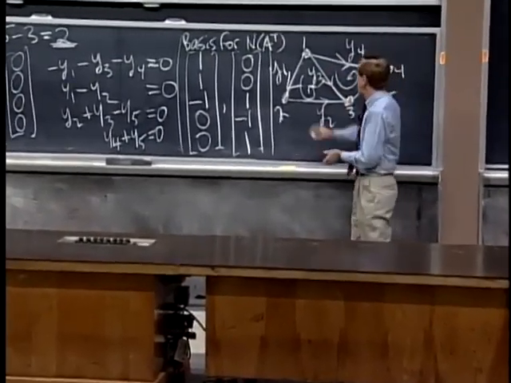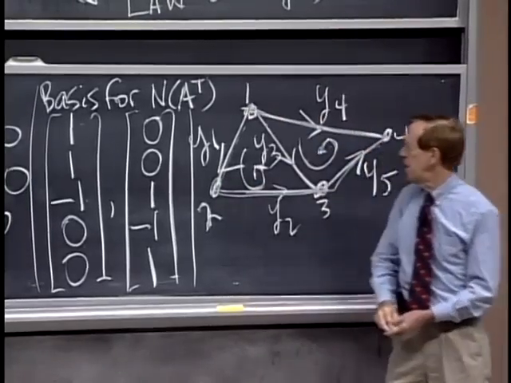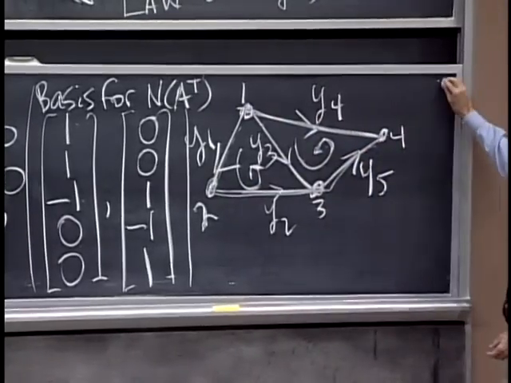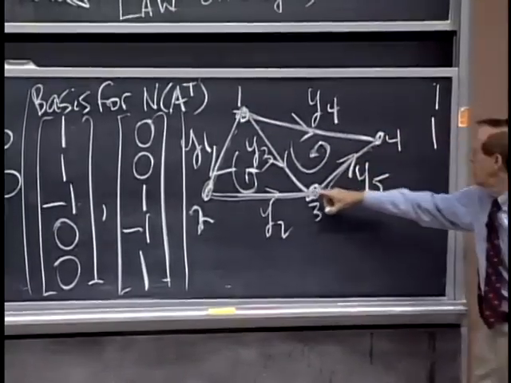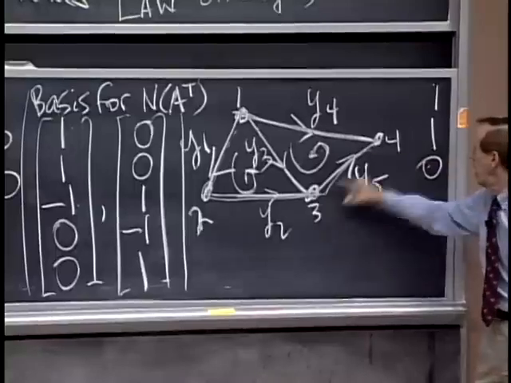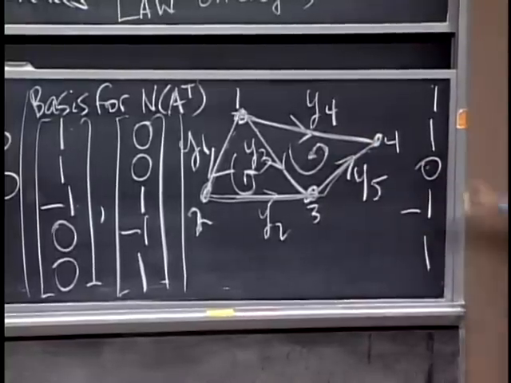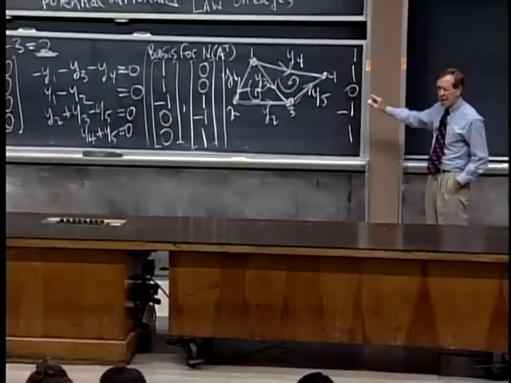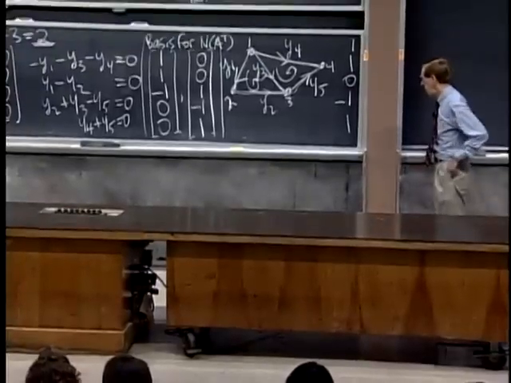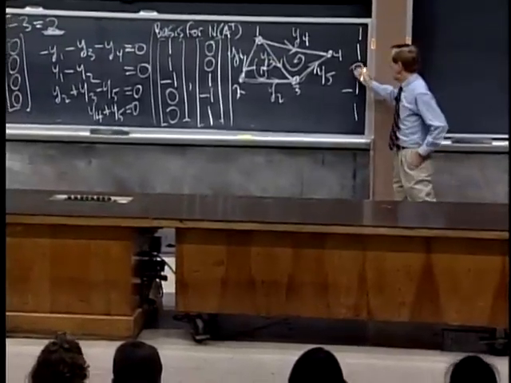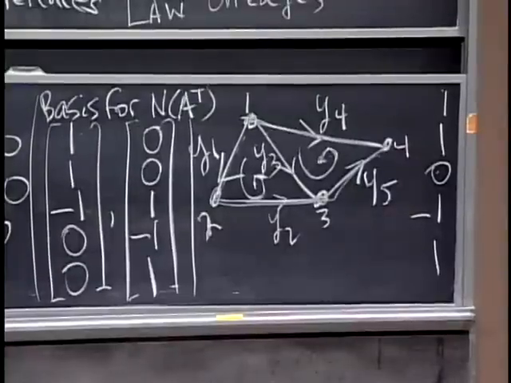Of course, you would say, what about sending current around the big loop? What about that vector? 1 for Y1, 1 for Y2, nothing on Y3, 1 for Y5, and -1 for Y4. Is that in the null space of A transpose? Sure. So why don't we now have a third vector in the basis?